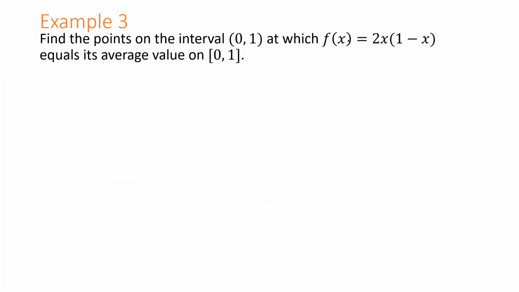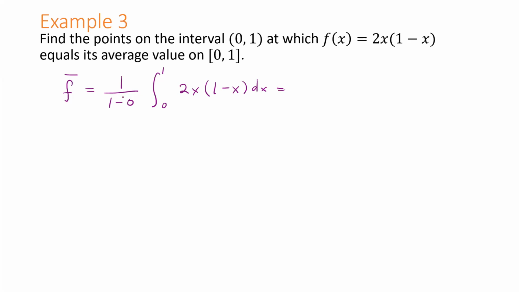So let's go through and compute the average value here. f bar would be 1 over 1 minus 0, and then the integral from 0 to 1. And our f of x is 2x times 1 minus x.